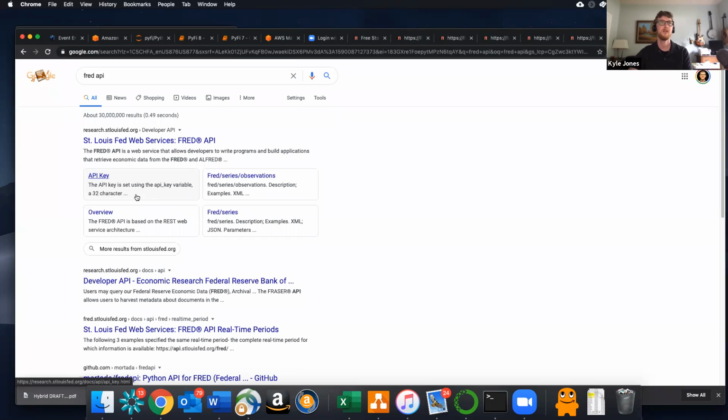You need a key to do it. So the way APIs work is that it's kind of like a waiter in a restaurant. You don't have to go in the kitchen and say, this is what I want. You tell the waiter, I would like to have a steak, please. And the waiter goes into the kitchen, tells the cook, prepare a steak, and then brings you the steak back. The API works the same way.